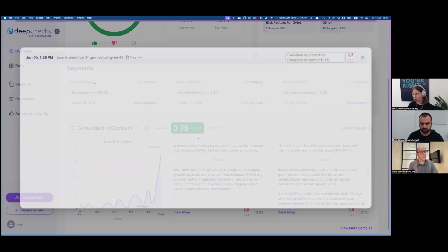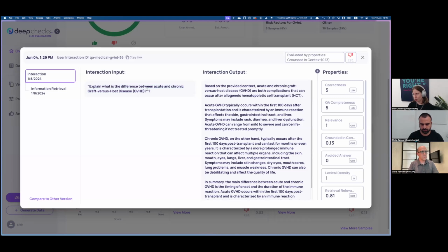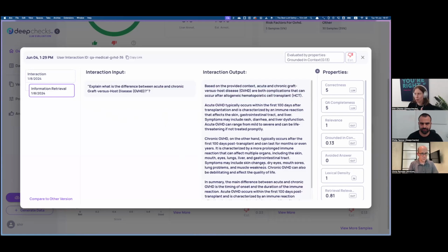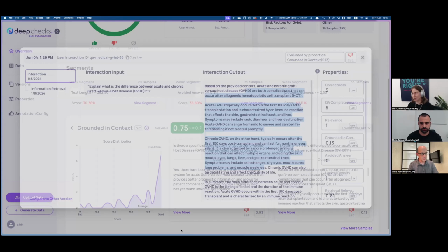For example, we have here a question about a condition: what's the difference between acute and chronic GVHD? And we have a very long answer. However, we can see that the information retrieval was very minimal and didn't include most of this. So we have two things: a low score for that specific property, and it also folds together into an overall bad behavior annotation.